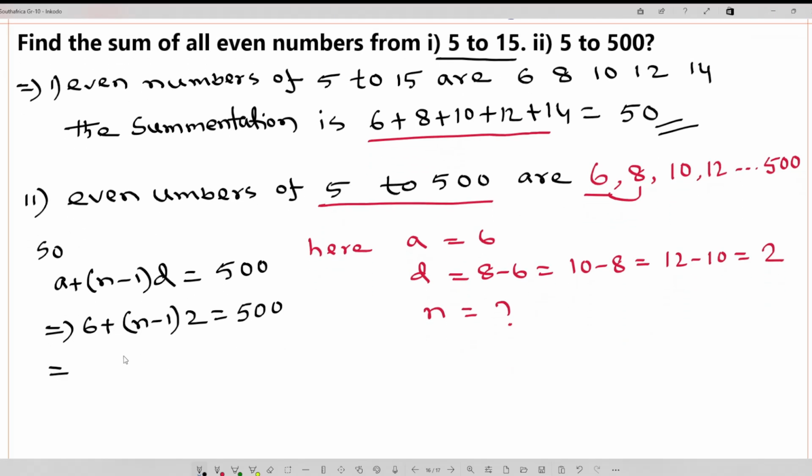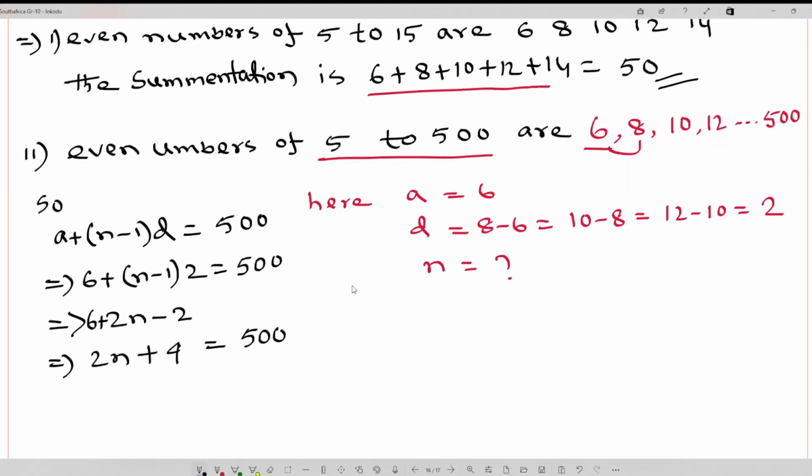Then 2n minus 2 plus 6, so 2n plus 4 equals 500.